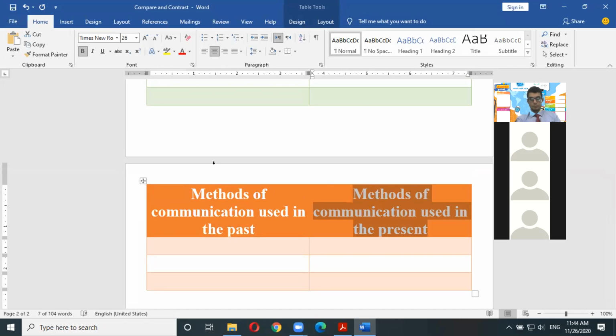Read the paragraph and you will know. The method is the way.